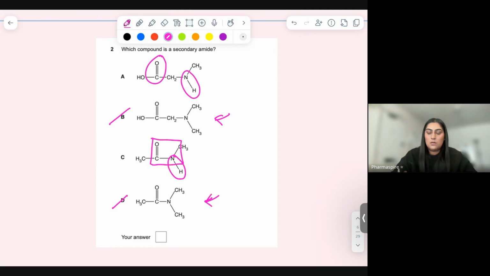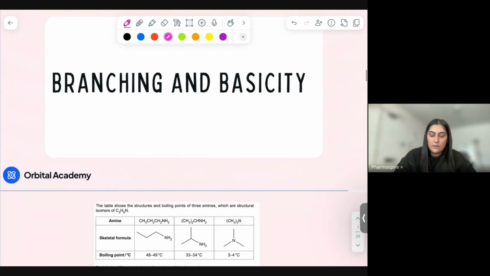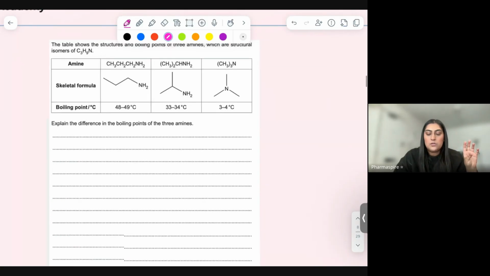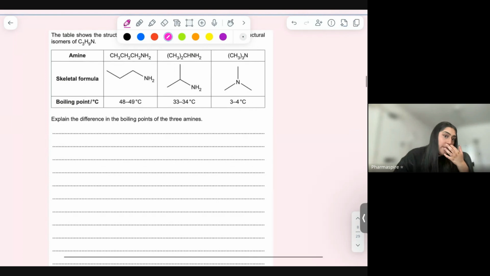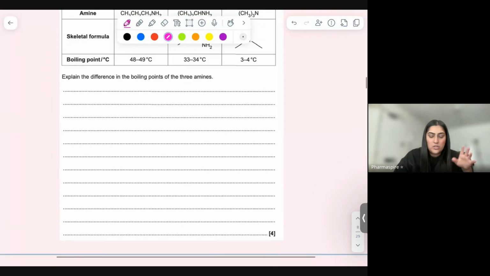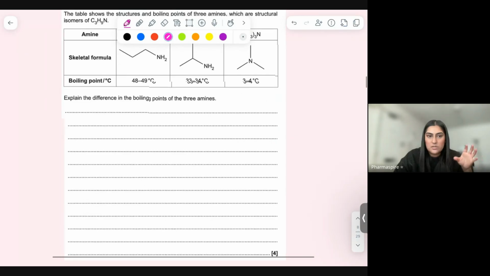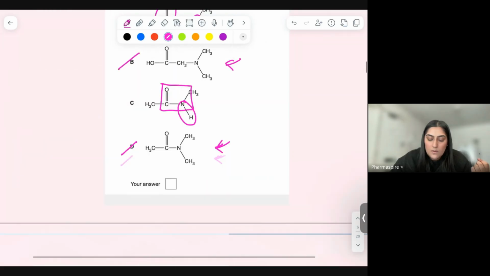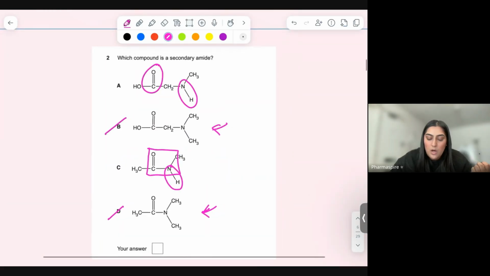Cool. Right. Now, the next things we need to talk about are branching and basicity. Basicity we'll talk about, but they liked this question a lot where they talk about branching, so it's going to be quite easy. So you've got a carboxylic acid group. Can you see this here?